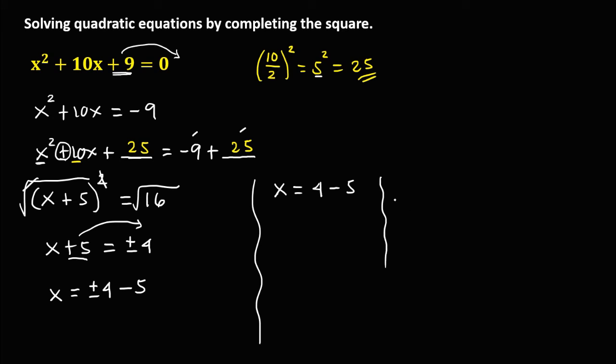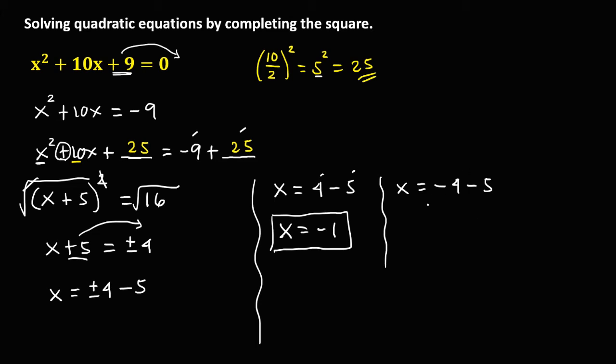Then the other one, x equals negative 4 minus 5. Then simplify: x equals 4 minus 5, that's negative 1. So x is negative 1. This is the first solution.